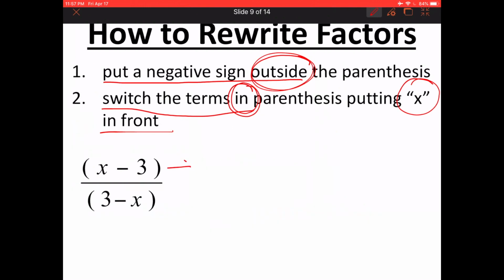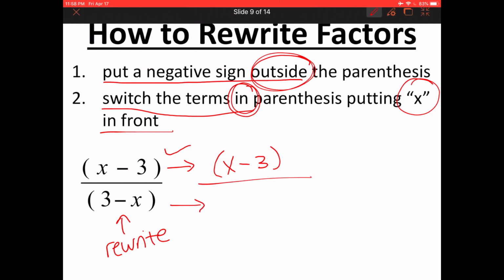So my numerator is already in standard form. I do not need to rewrite that. But my denominator, I do need to rewrite. So I put a negative sign outside my parentheses, and then I switch these terms, putting the x in front.